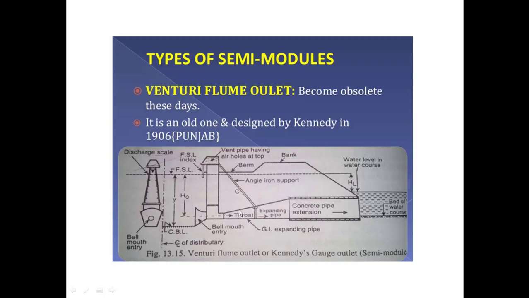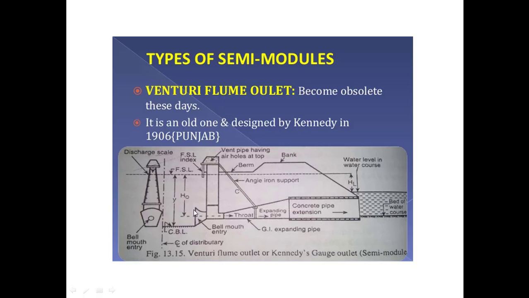This is the example of a semi-module. We have a Venturi flume. This was designed by Kennedy in 1906 in Punjab. This is the full supply level of the distributary.